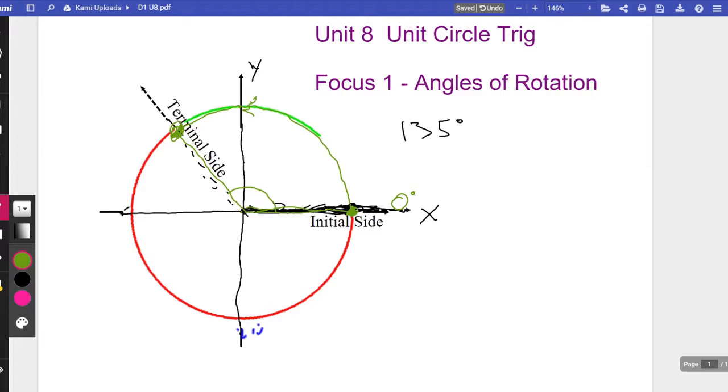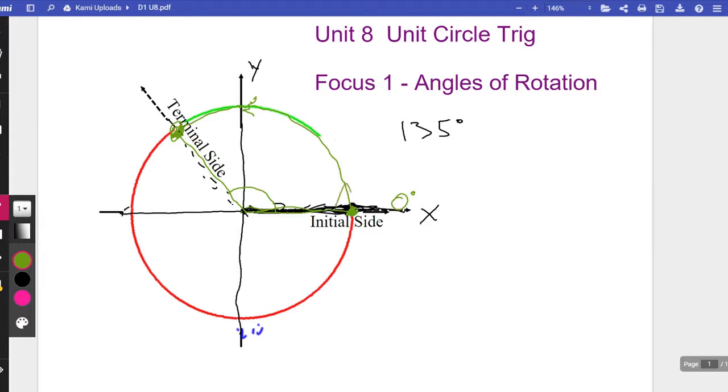One important thing is it's positive. This is a positive degree measurement. We can have negative degrees, but a positive degree measurement in angles of rotation is always counterclockwise, meaning that if this thing were a clock, positive angle measurements go backwards clock style.